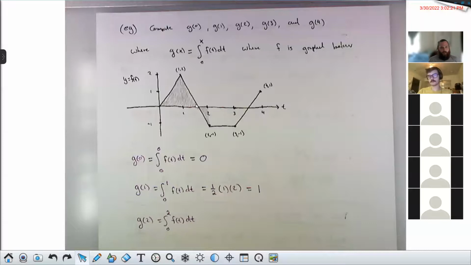Now, in order to do that, I need to know this intersection point. We're coming from (1, 2) down to (2, -1). So the slope here would be -3 divided by the run here, which is 1. So the slope is -3. That's going to tell me that this intersection point here is not at 1.5, right? Not 1.5, but 1 3/4.